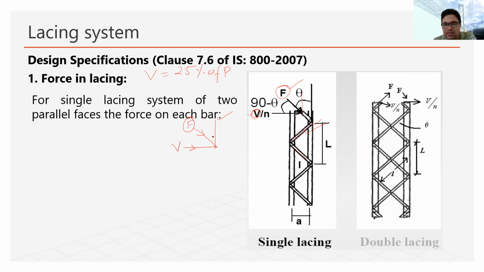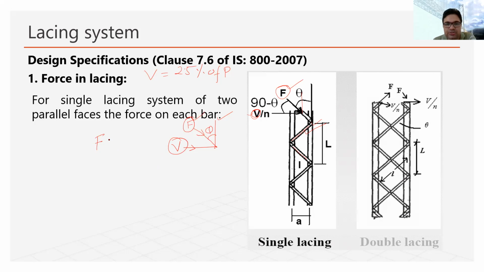If the angle between the lacing bar and the vertical component is theta, then we have to find out this F in terms of V. I hope you know how we resolve the force.